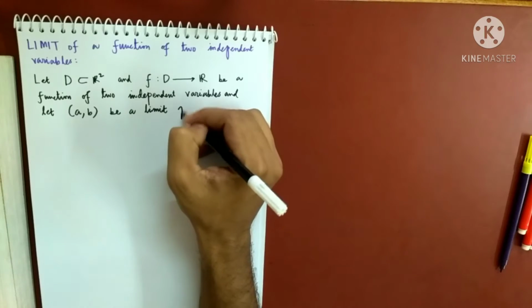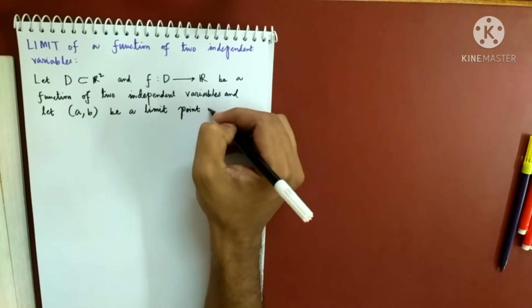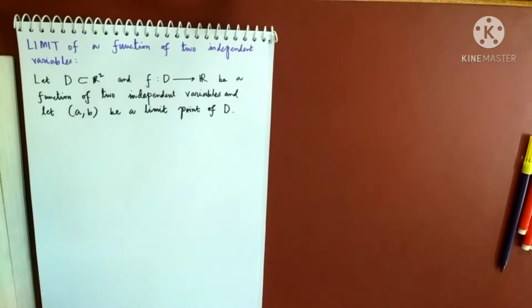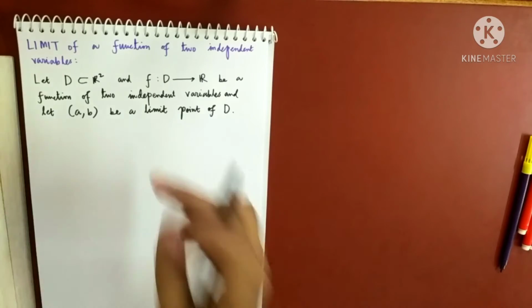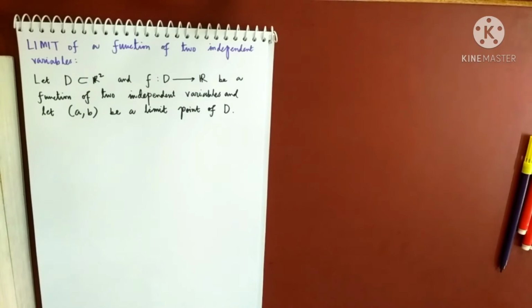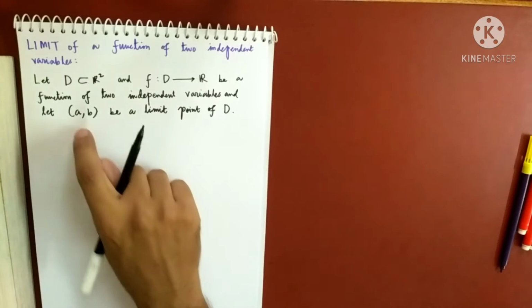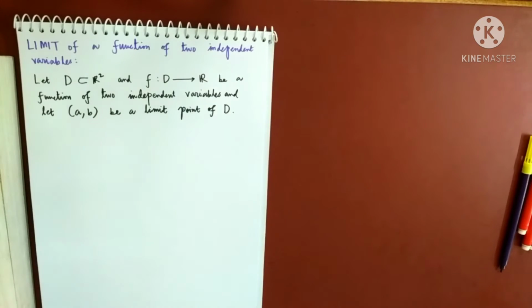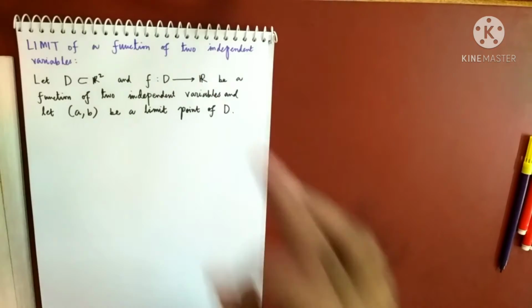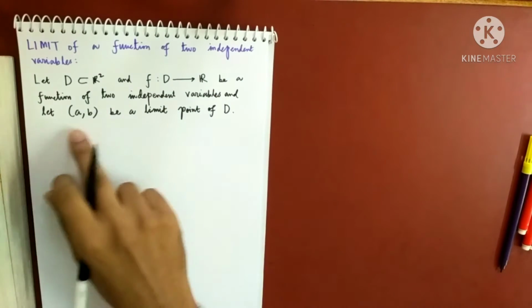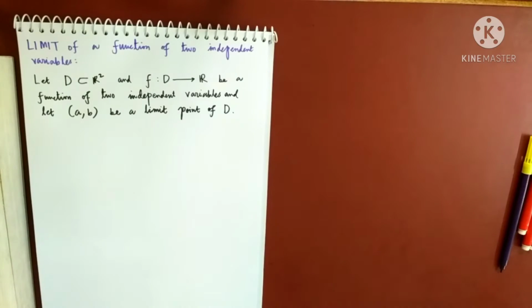That means you choose a point which is a limit point of D. This may not be in the set D, but it is a limit point of D. That means any deleted neighborhood of (a, b) will definitely intersect D. You know the definition of a limit point. Good enough.